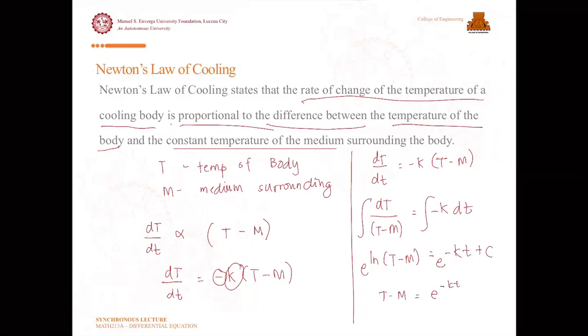Then since naka-addition yung exponent niya, pwede natin siyang hiwalayin, magiging siyang multiply ng e raised to c. Okay? But e raised to c, si c is any value. So, ibig sabihin pwede natin ito i-represent as C na lang din. Okay? So, our final equation now will be T minus M is equals to e raised to negative kt times C.